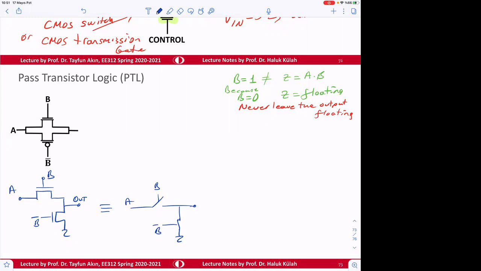So therefore output Z is going to be equal to really A dot B.